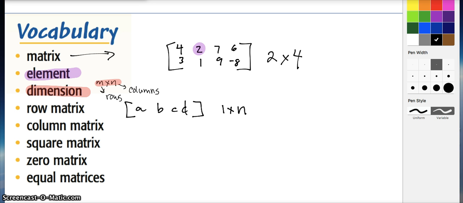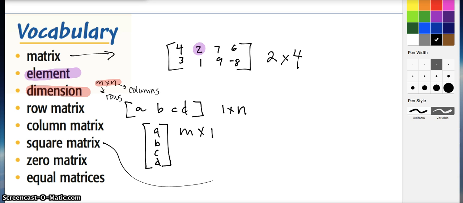One row and however many columns. A column matrix, on the other hand, will be a single column. So your arrangement of elements would look something like this. And in this case, it would be whatever number of rows there are by 1.